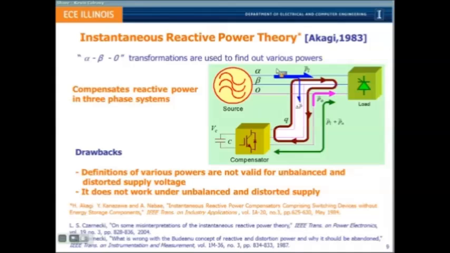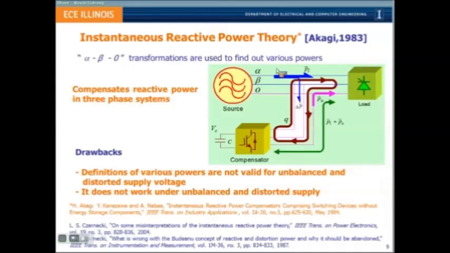When this theory is applied to a perfectly resistive but unbalanced network, instantaneous reactive power theory gives reactive power, which is absurd, because we cannot get reactive power in resistive networks. The unbalance in the system is being understood as reactive power by this theory.